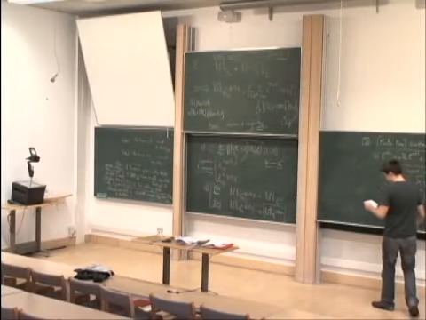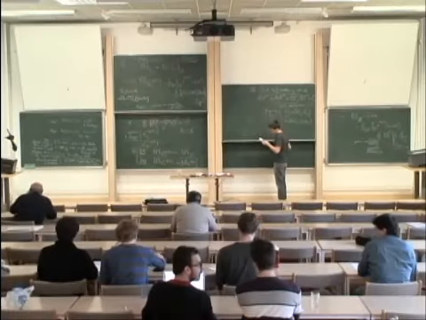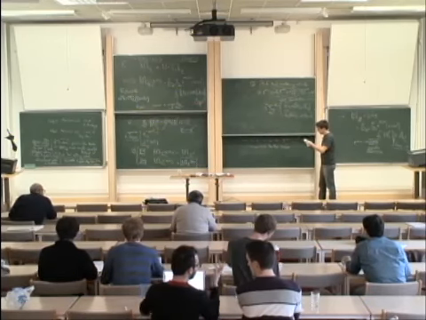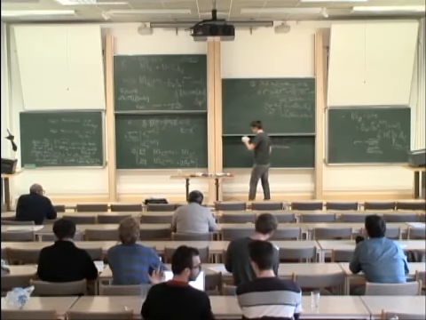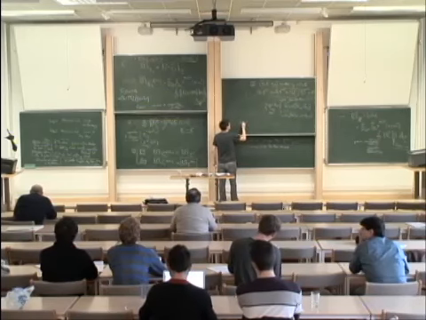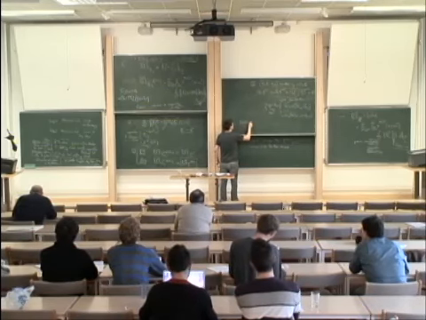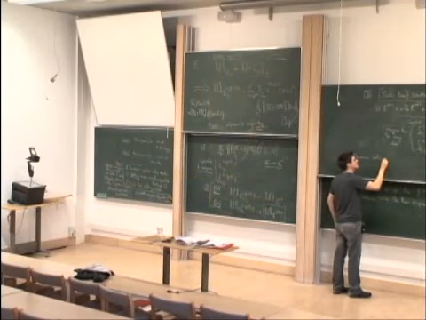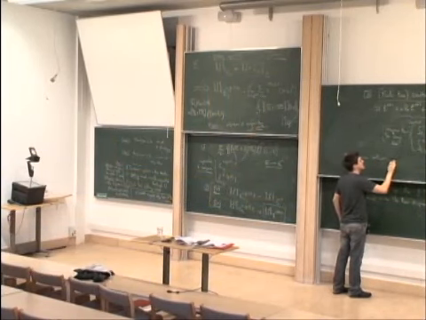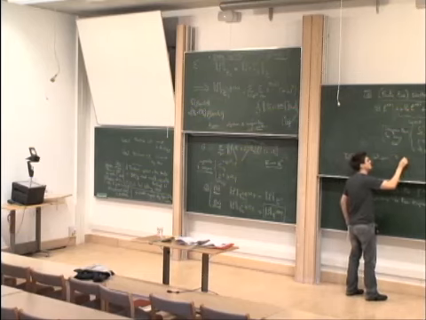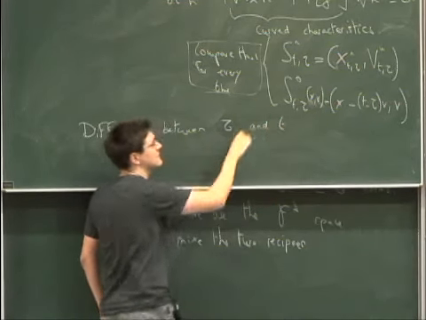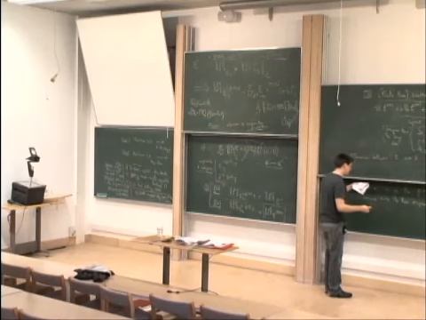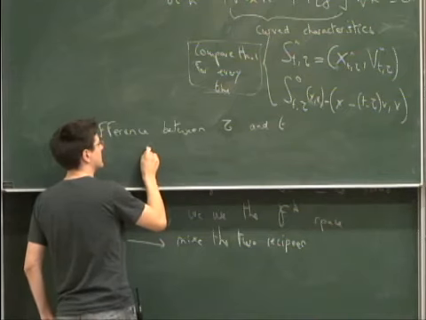Okay, so let's resume. On these kinds of things, we would like to say that the difference between tau and t, between these characteristics, perturbed and unperturbed, we would like to say that the goal is the following.